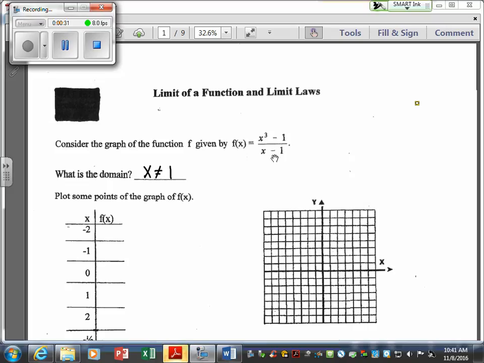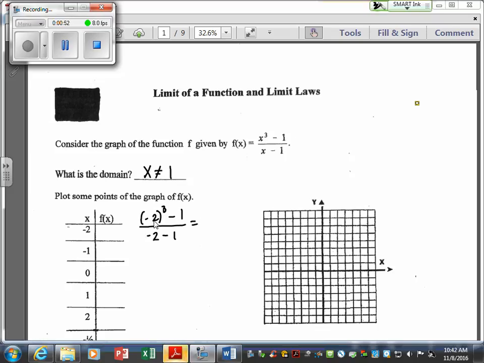Okay, so we remember some of that, and then we also plugged in some x values and y values. If you plug the x value of -2 into our original function, we get -2 cubed minus 1 over -2 minus 1.